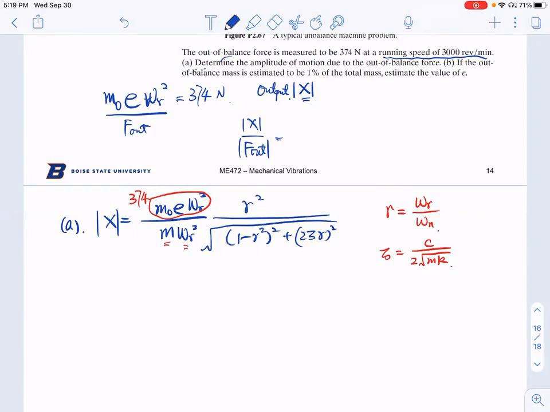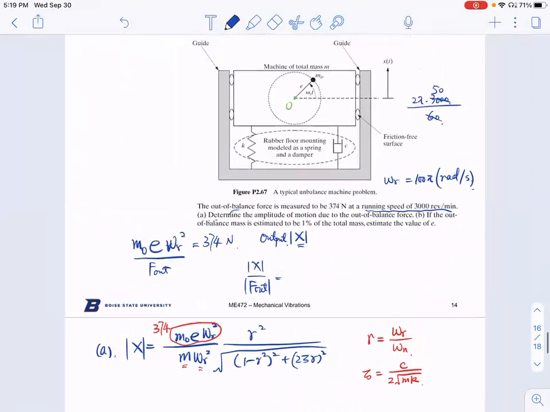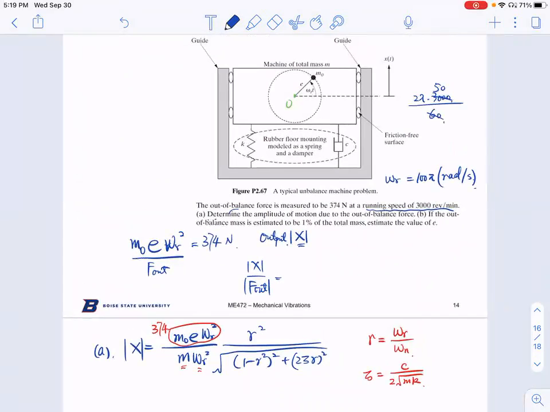Is this clear for the unbalanced rotation? Right. So if this were, say, a washing machine, the m naught, right? Wait, and so how are we proposing to eliminate that from the equation?